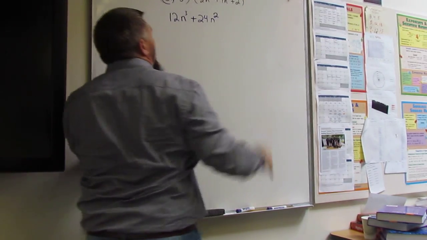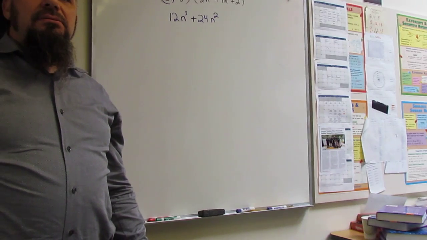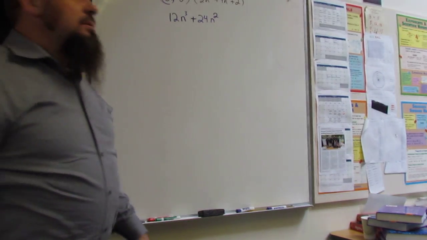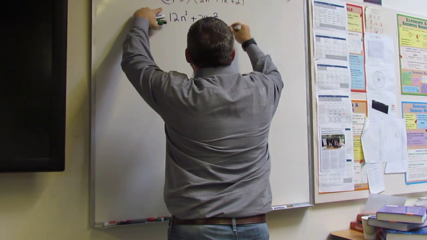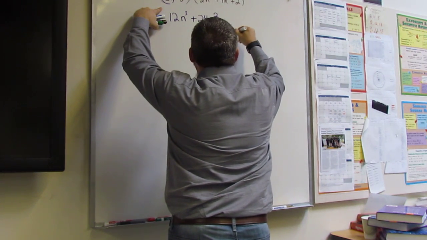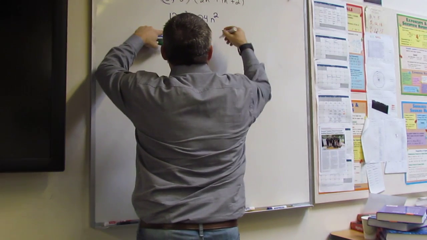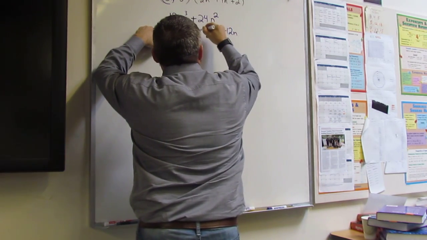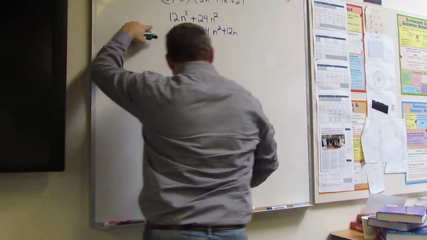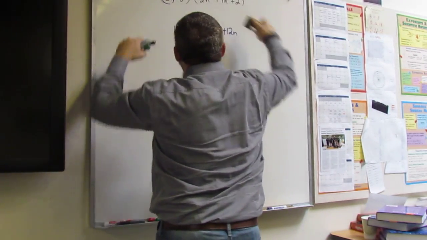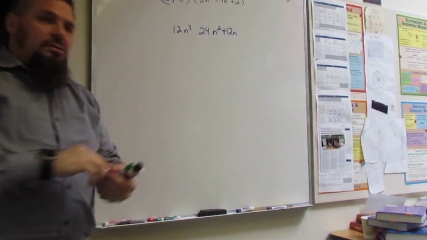6n times 2, 12n. I'm going to put it right here. Plus 12. And I'm just going to move these down. Sorry. I want to give myself some space. I get confused with lining them up. Okay?